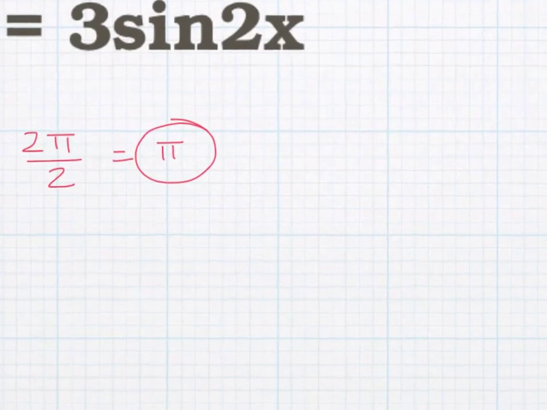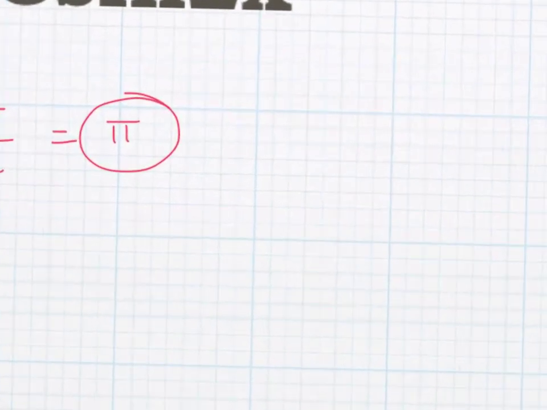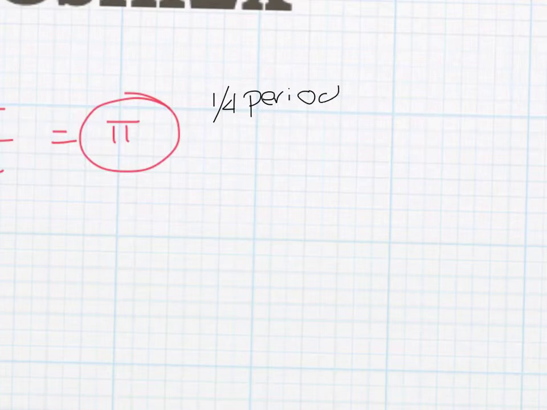So what you want to do from here is find your quarter period. How do you do that? You take your period, which is pi, and you divide it by 4. That's point number 2, because remember, sine always starts at the origin, unless you shift it to the right or to the left, but we're not there yet. So that means point number 2 starting at pi over 4.